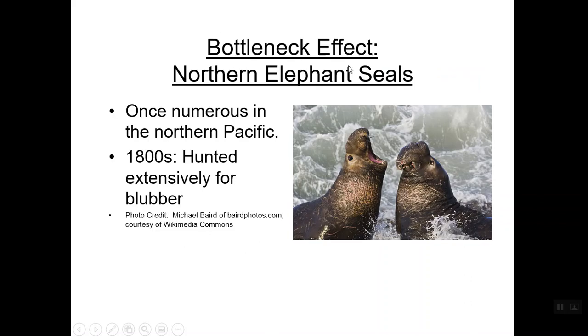Sometimes the bottleneck effect can be caused by humans. For instance, this is an example of northern elephant seals that were heavily hunted for blubber in the 1800s, and nowadays, because of this extensive hunting, we have reduced the number of individuals quite a bit, just because of random hunting.